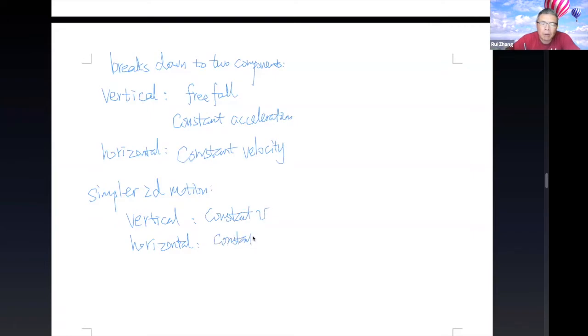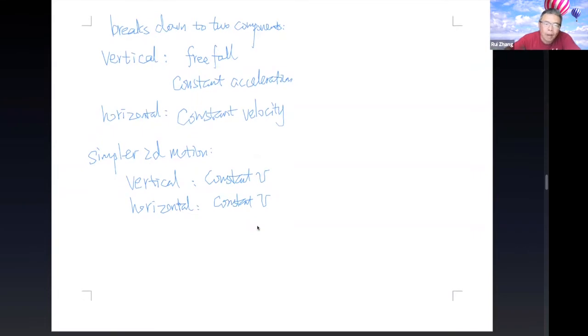Well, that motion is the simplest, but what will the trajectory look like? Because both parts of the motion are constant velocity, you're gonna have a straight line for the motion. And because you have a straight line, you can change your coordinate system from the original one to x prime, y prime.